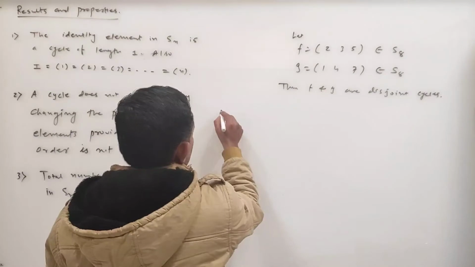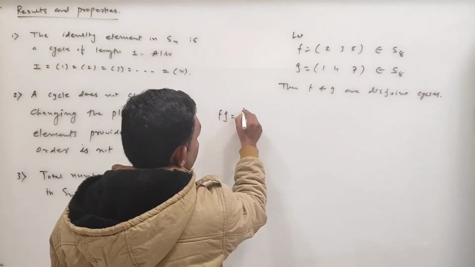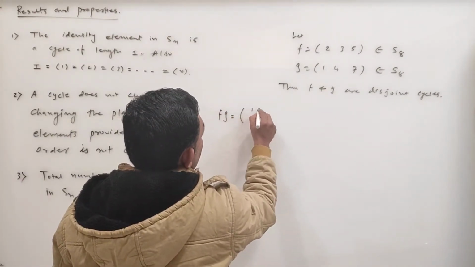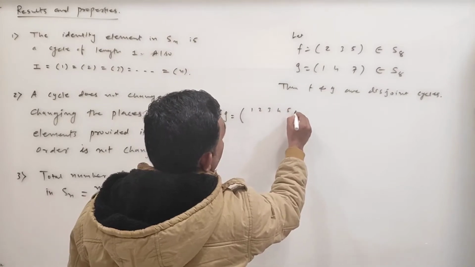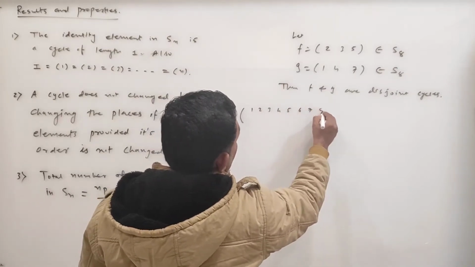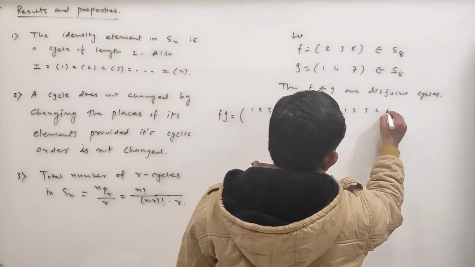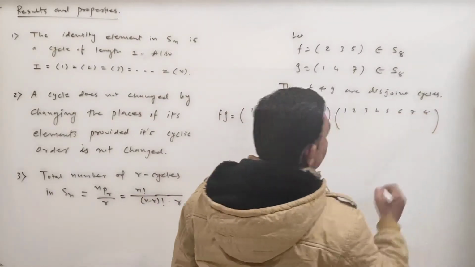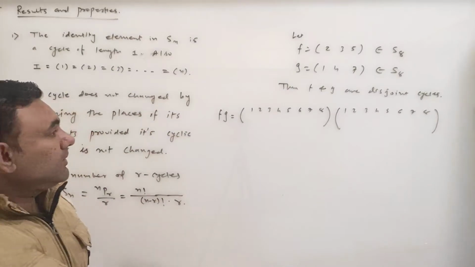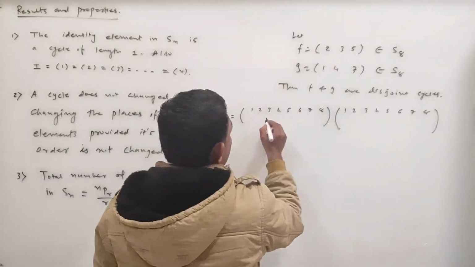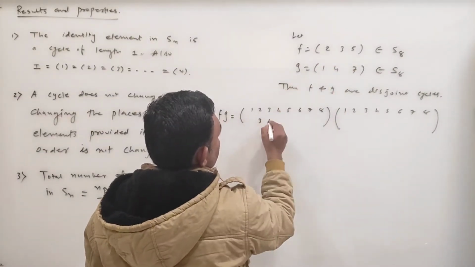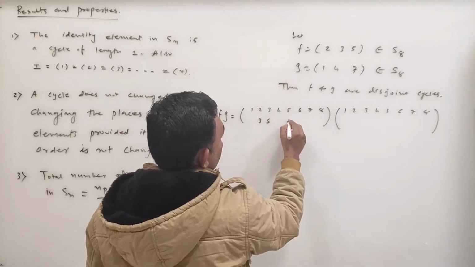So let us find out fg. So fg is what? Take 1, 2, 3, 4, 5, 6, 7, 8 for f and 1, 2, 3, 4, 5, 6, 7 and 8 for g. Then in f, 2 goes to 3, 3 goes to 5 and 5 goes to 2.